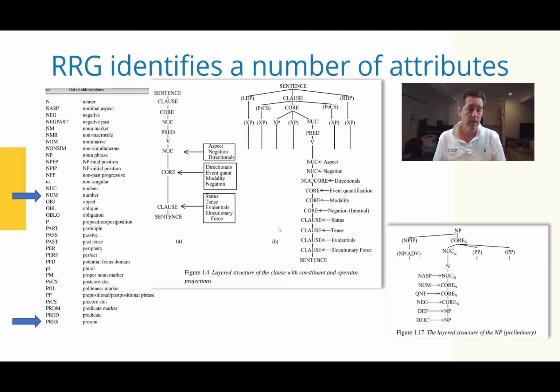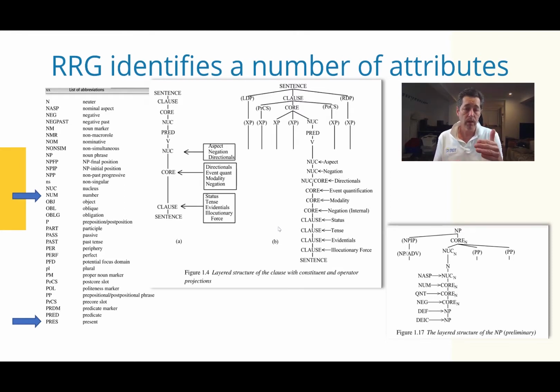And in the case that we've looked at so far, you've got from the arrow there the number and the fact that it's present that we've been picking up on, and there's also a person element that you could pull out of there. So that's the point of having a linguistic framework to work with. It's going to make life a lot easier when you get to new languages, knowing that the elements that went into your first language are going to be reused in these other languages. In general, certainly the meaning-based ones will be.